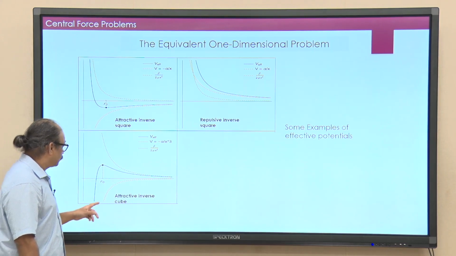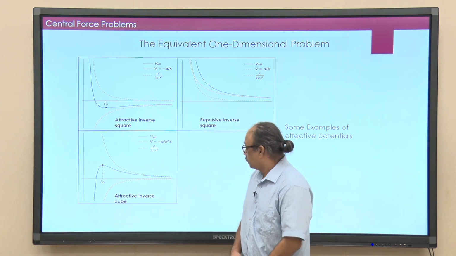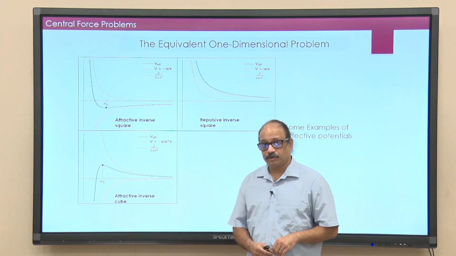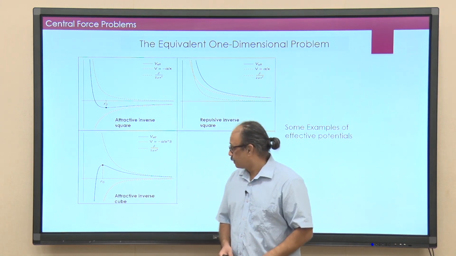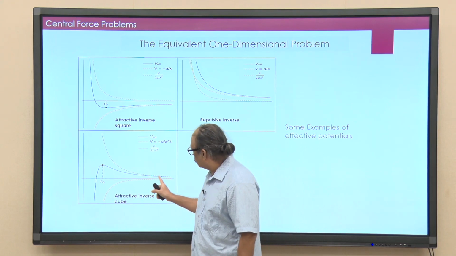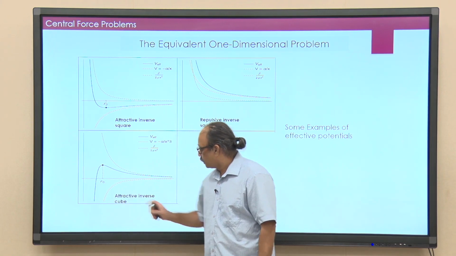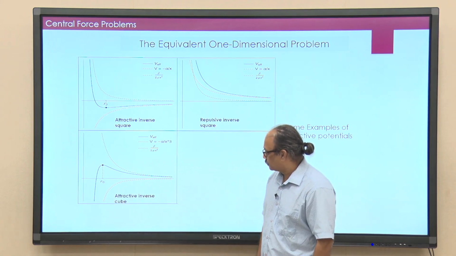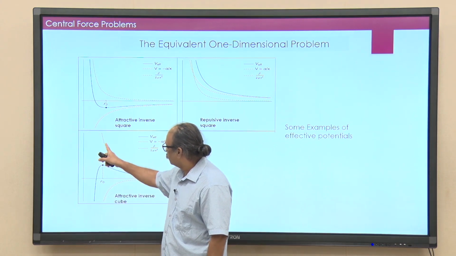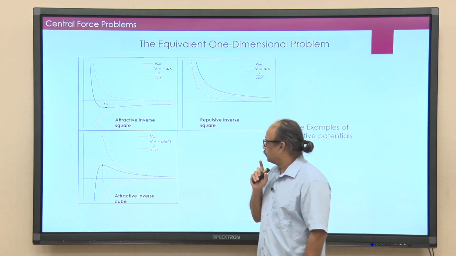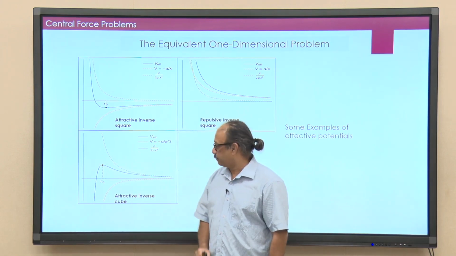This is attractive, but inverse cube. Okay. That means the force goes as 1 over r cube with a minus sign. So, if this one here goes as 1 over x cube, then what will happen is this term dominates over the 1 over r square term, and the effective potential goes all the way to negative infinity.